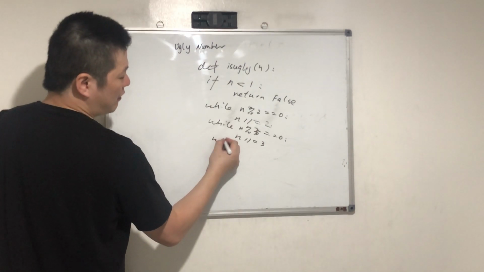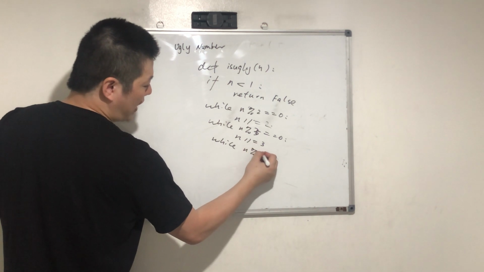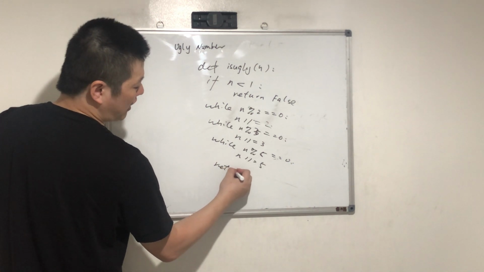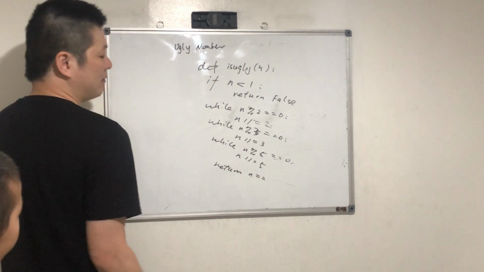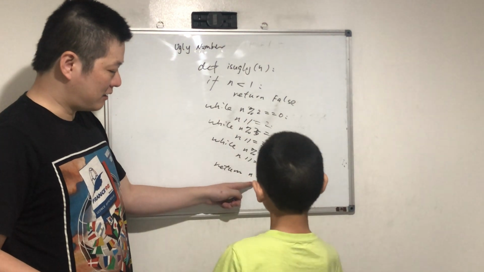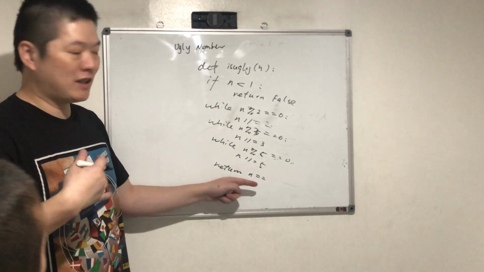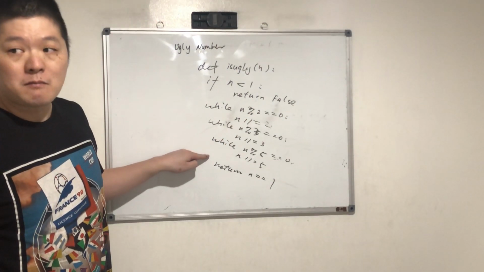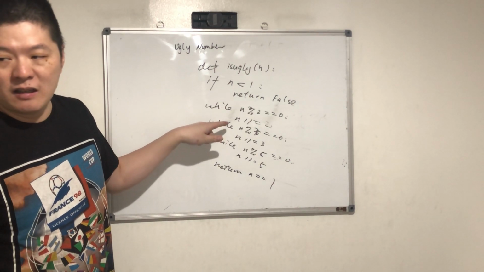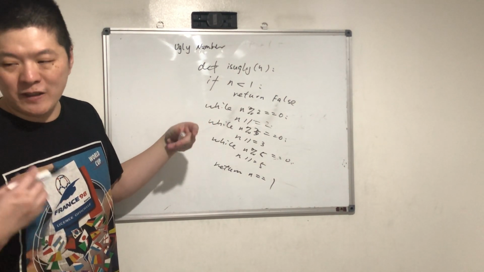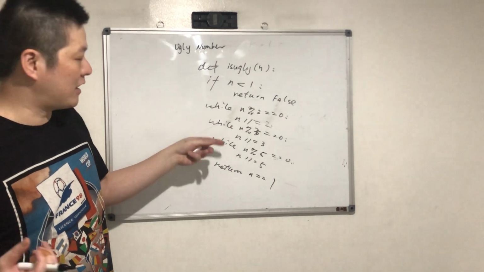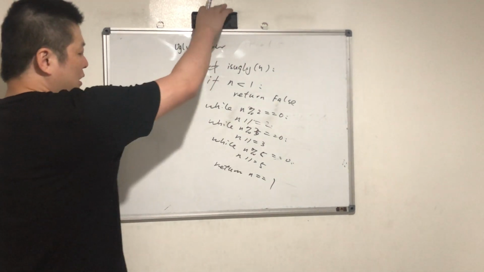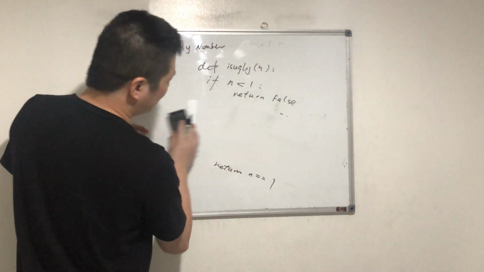While n can be divided by 5, we continue dividing by 5. Then we return whether n equals 1. We are repeatedly removing the prime factors 2, 3, and 5.